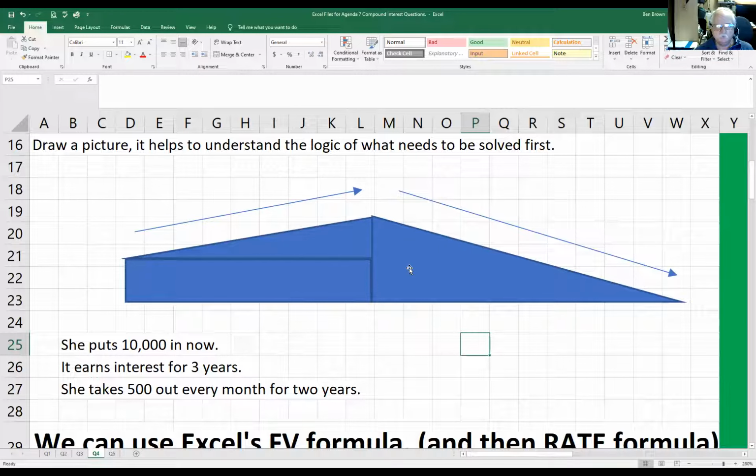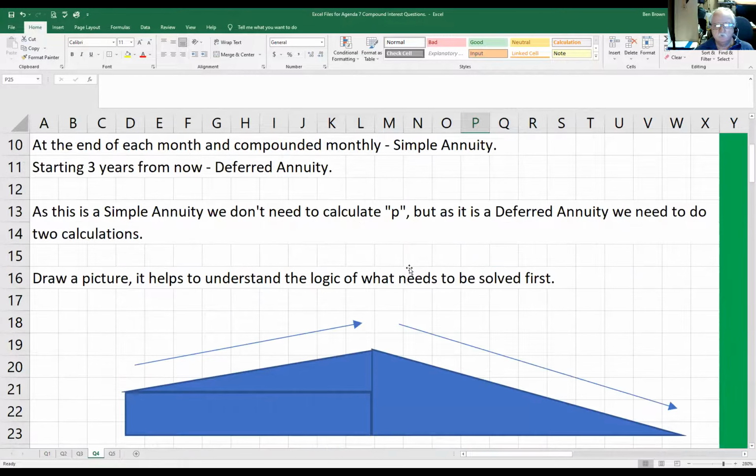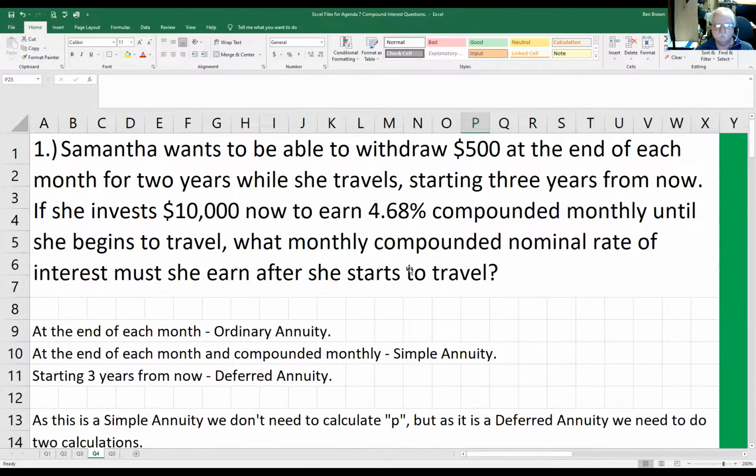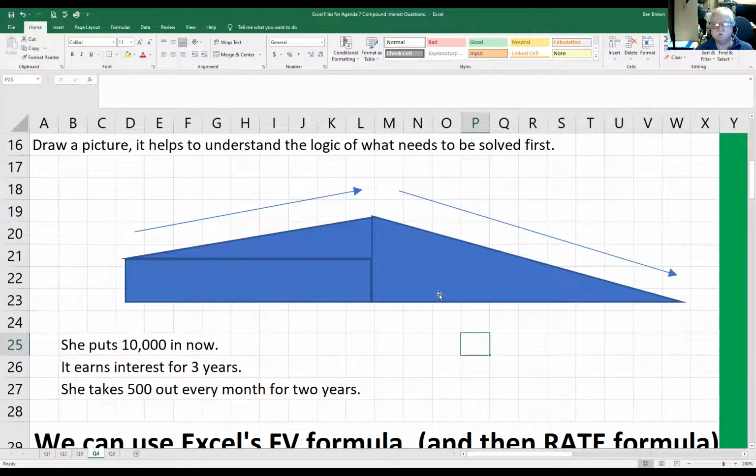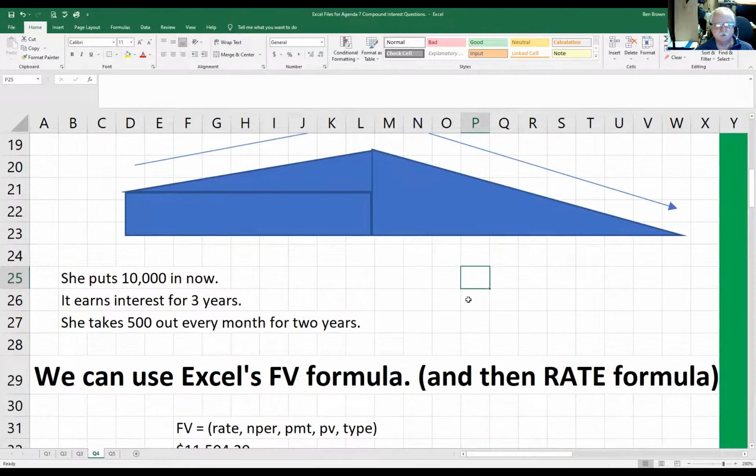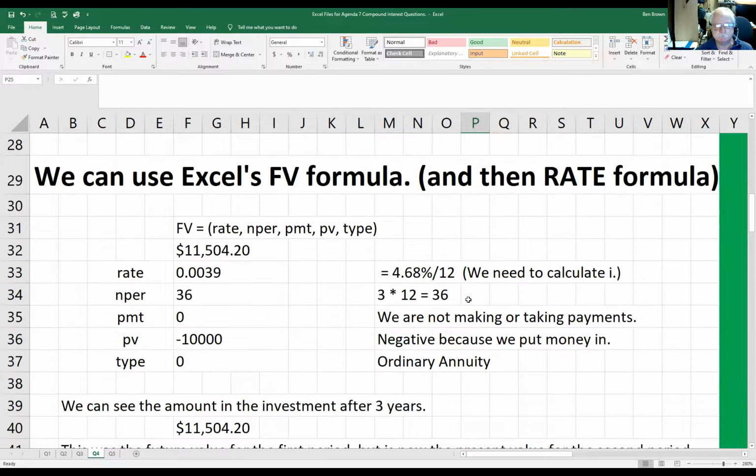We know how much she wants, $500 per month, and how long, 2 years. What we don't know is the rate of interest she has to be getting in order to make this all work. So let's take a look at what we can do.